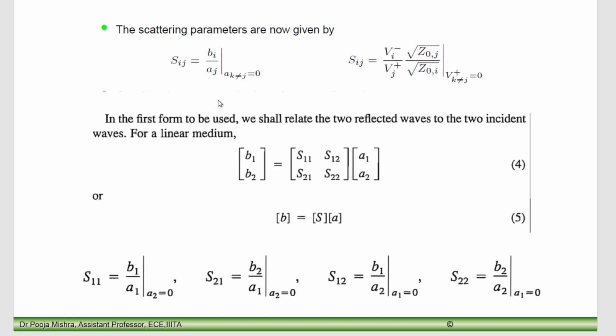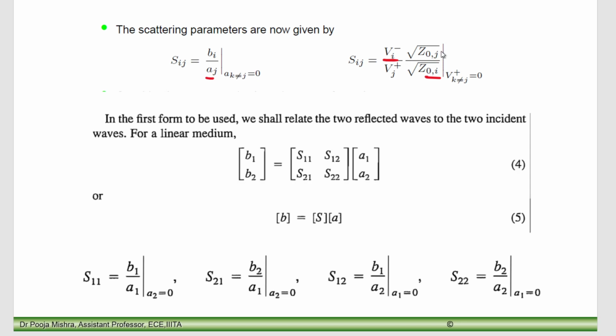Now how do we define this S parameter? Sij will be equal to B by A, Bi divided by Aj. B is the reflected wave and A is the incident wave. Bi, how do we define Bi? Vi minus divided by under root Zoi. This is Bi, and Aj will be equal to Vj plus divided by under root Zoj.